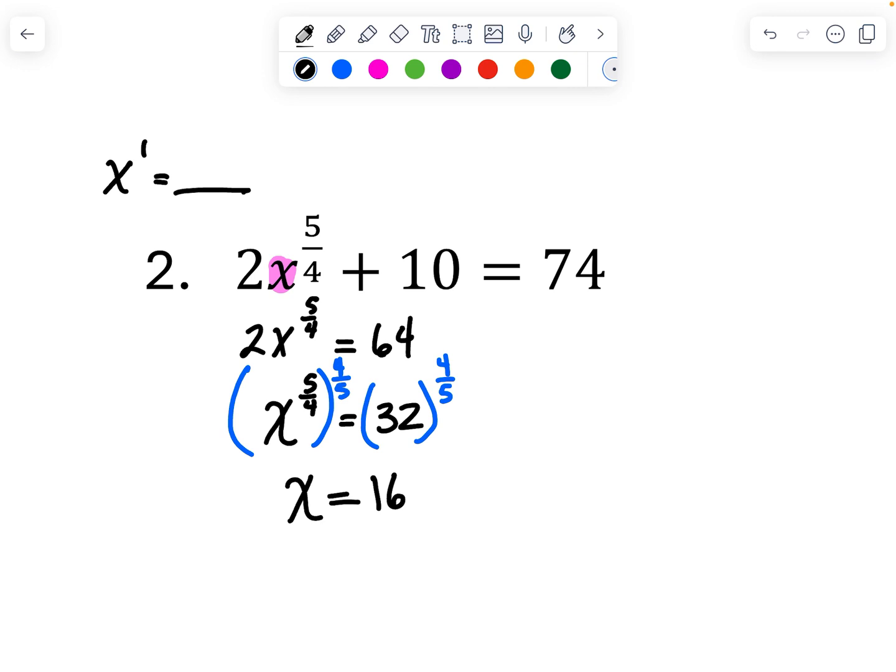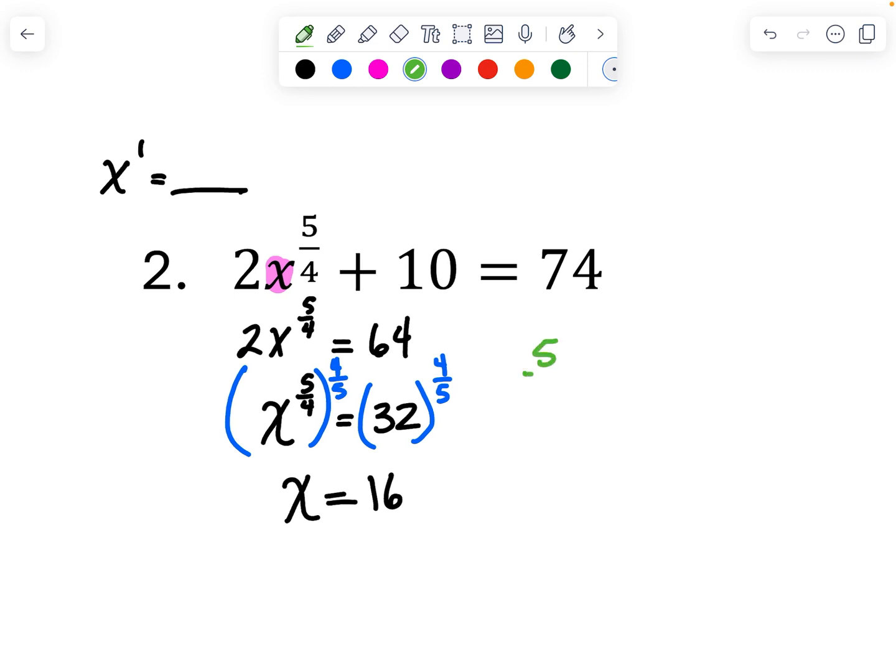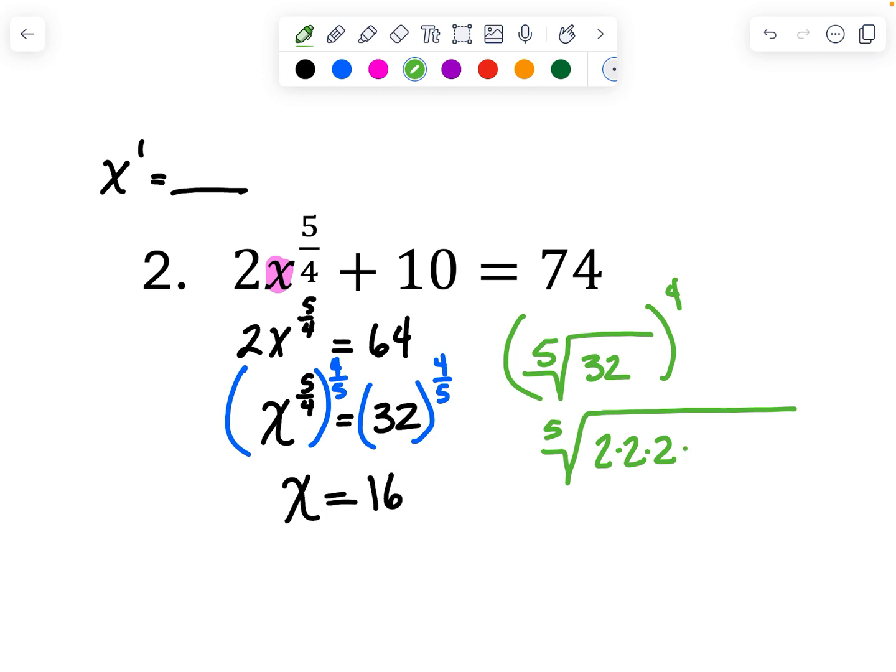Now, it's 16 because you can put it in the calculator, or it's 16 because you have the 5th root of 32, and then that is being taken to the 4th power. Well, the 5th root, so 32 broken down into prime factors. That's 2, 4, 8, 16, 32.